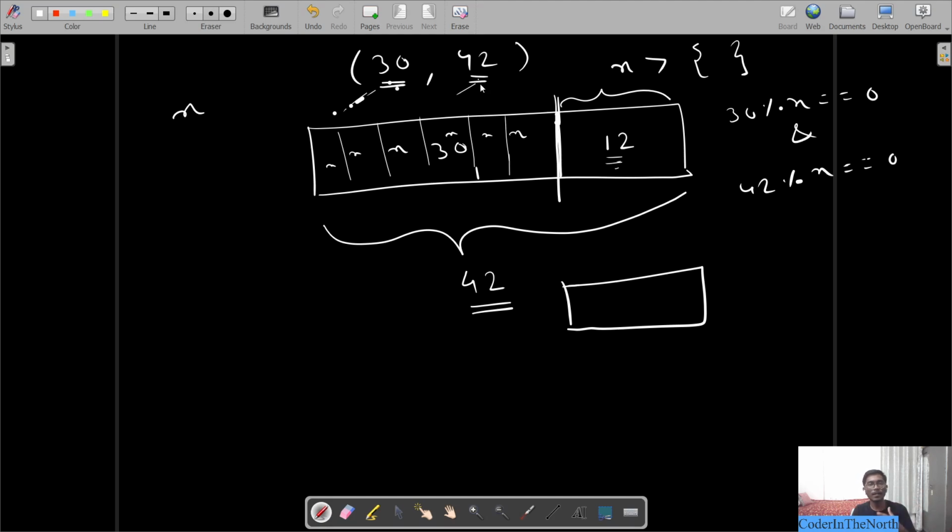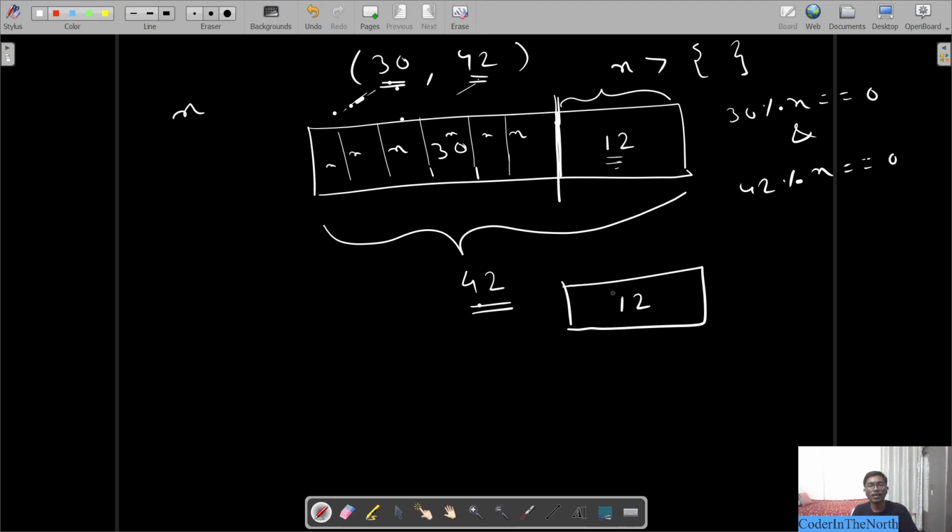So first I considered that I'll remove those 30 size blocks from it using some x. After removing that 30, I'm left with 12. Now I'm considering that I have such x which divides this 12 also. Of course it has to divide that 12. If it divides that 12, then only it can divide 42 and 30.